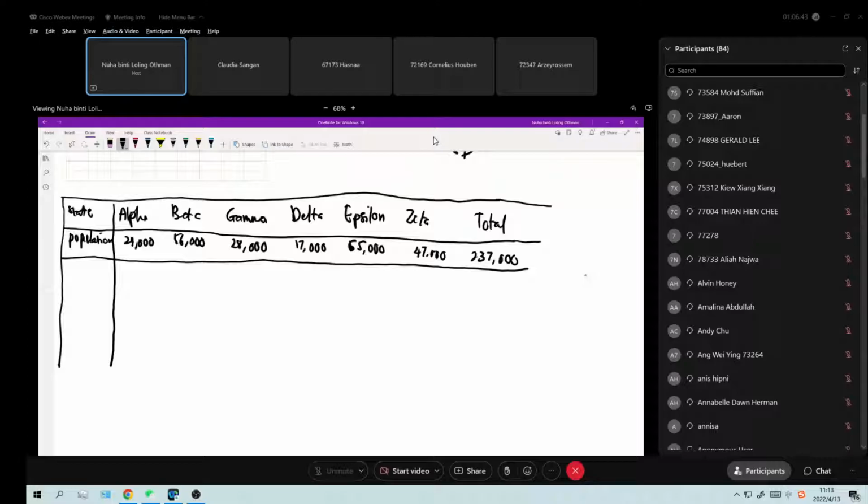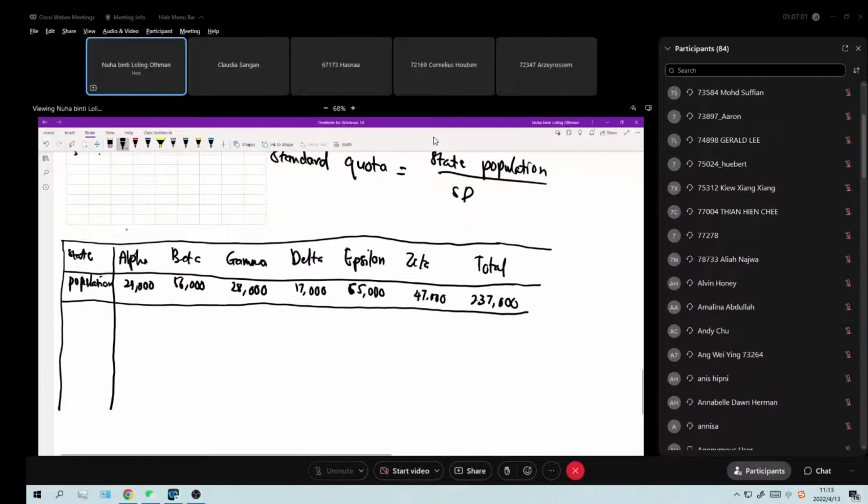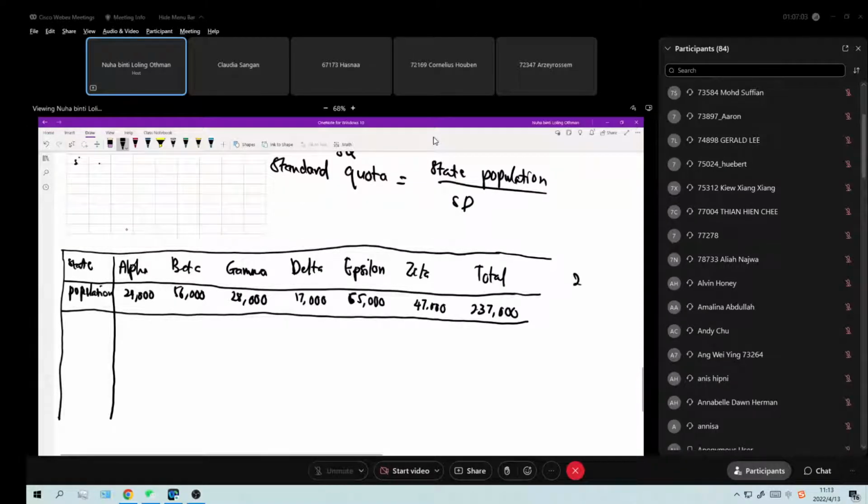Okay, so here you have the states and population. In these six states, a small country represented by six states, which are alpha, beta, gamma, delta, epsilon, and zeta, there are 25 members in this Senate, in this parliament of the small country.